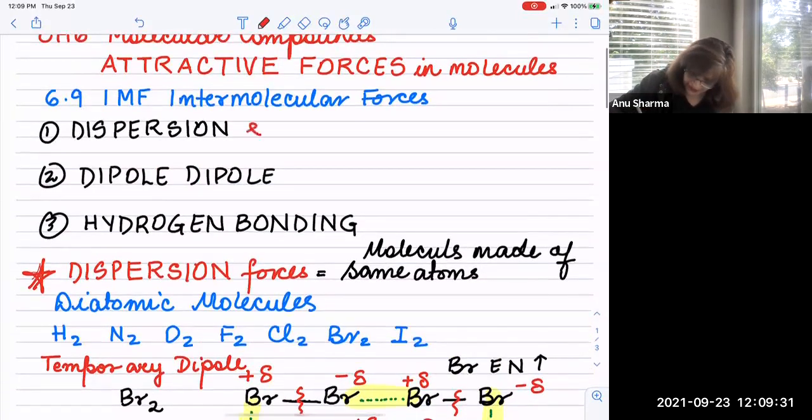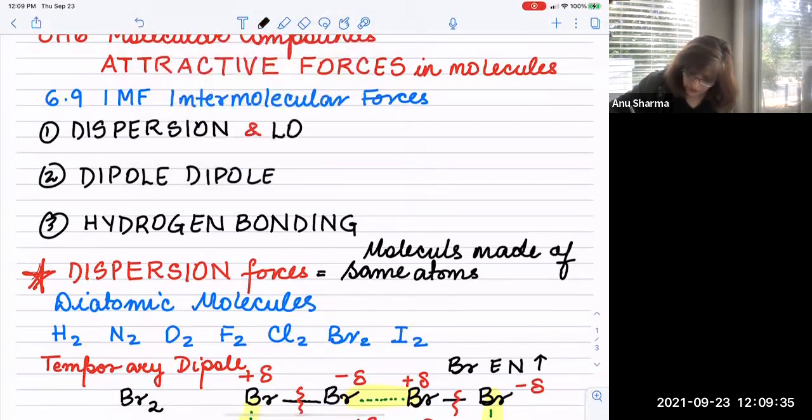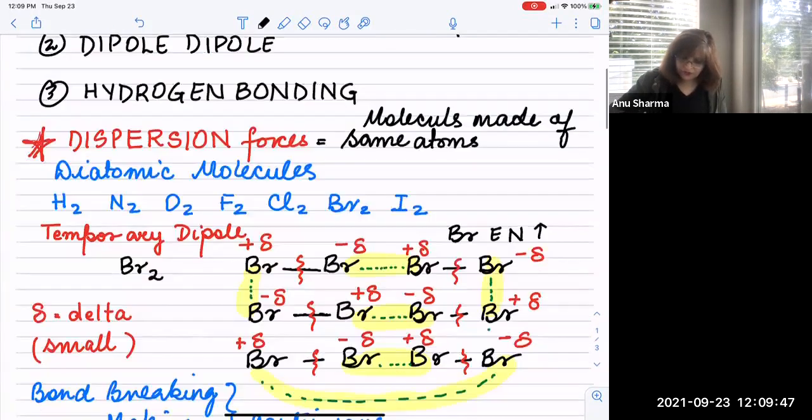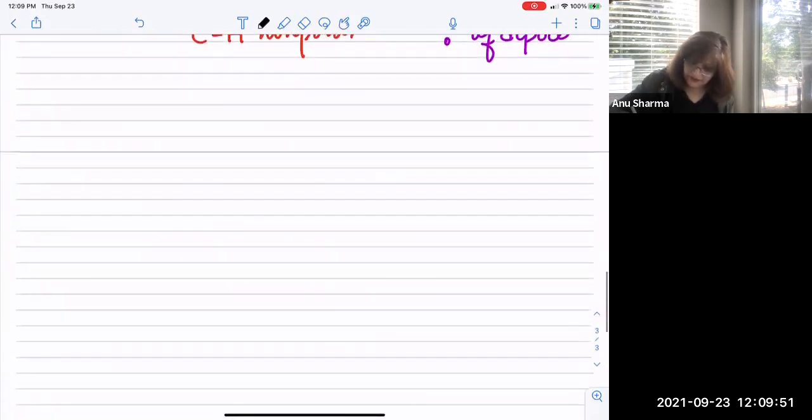These are the London dispersion forces, which are more common in all the molecules. So London dispersion forces. Okay, let's look at those also. Now we are looking at the London dispersion.